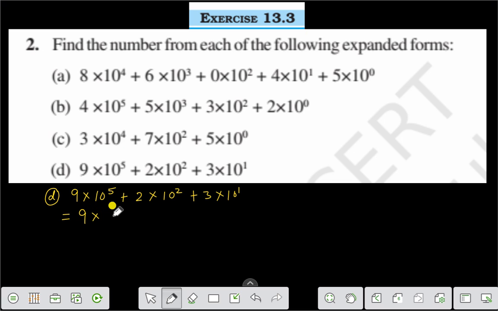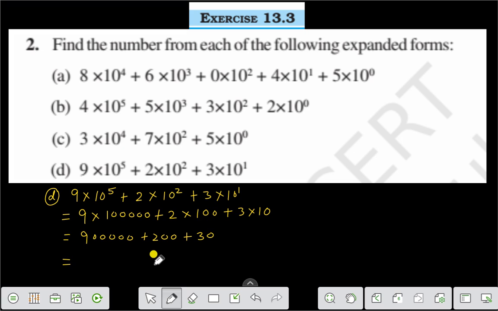9 into 10 to the power 5, plus 2 into 100, plus 3 into 10 to the power 1 means 30, 3 into 10. That is, you are getting the value 9, how many zeros? 5 zeros, 900000, plus 200, plus 30, right?